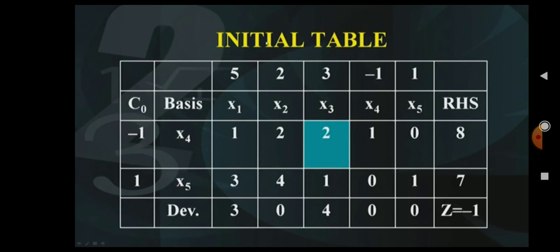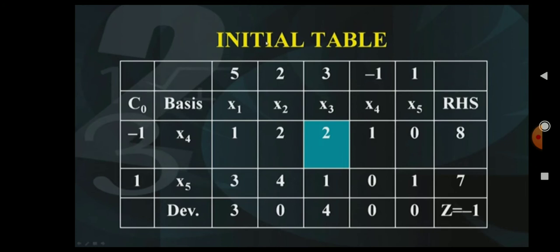Now as we have discussed earlier, the condition of a basic variable: in that case the coefficient will be 1 and the remaining values will be 0 in that column. So x4 is matching with that criteria, and x5 is also matching with the criteria.